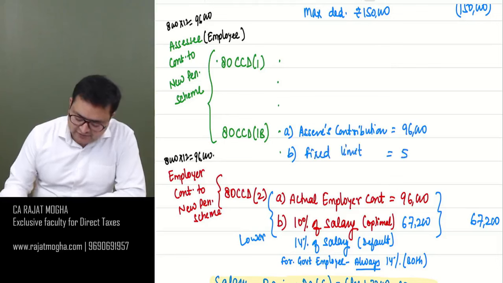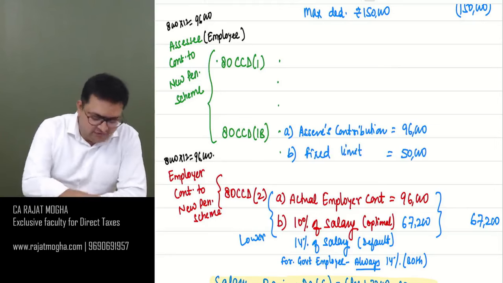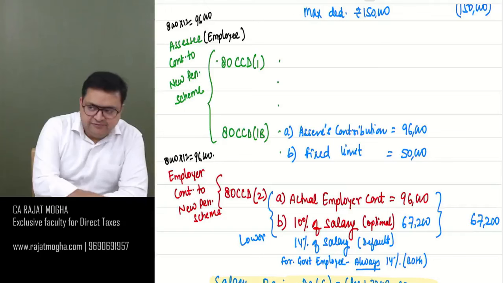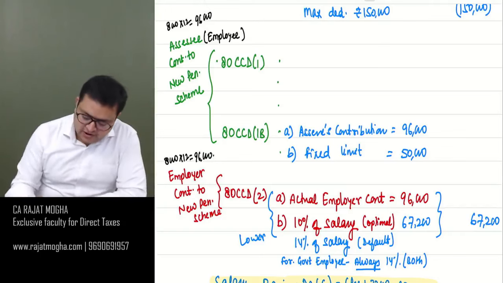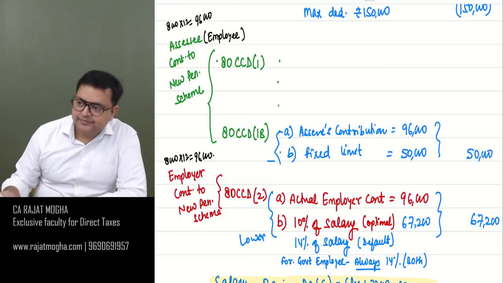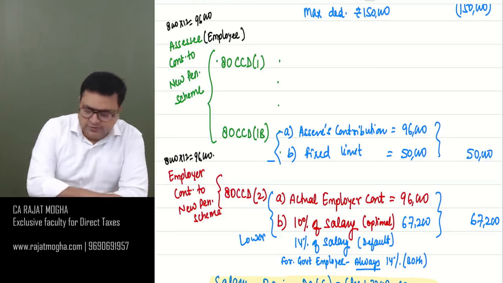There is a fixed limit of 50,000 in 80 CCD1B. You have to remember this limit. And guys, CCD1B is not in the 150 limit. The 150 limit is only for CCD1, not CCD1B or CCD2. So it has its own limit, 50,000 rupees. So out of A and B, take whichever is lower. You will get 50,000 deduction here.